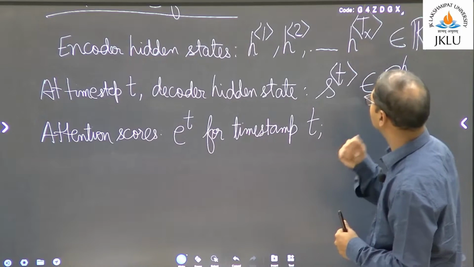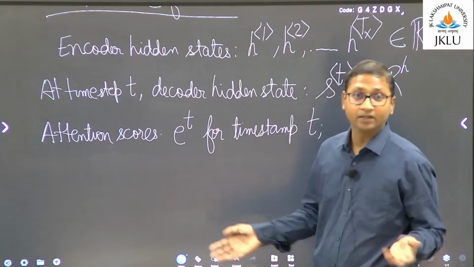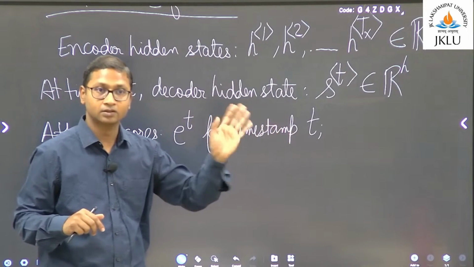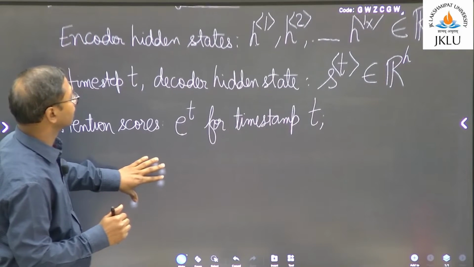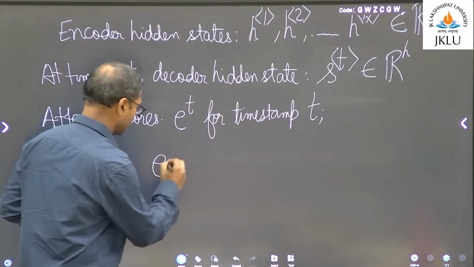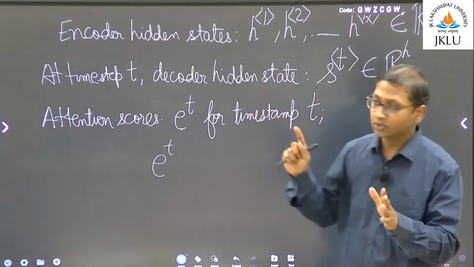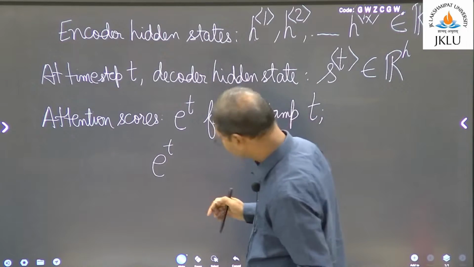It seems I'll run out of this board too, but okay. What is ET? We are just writing what we have done in the last 1.5 lectures. So what is ET first of all? Attention scores. What were attention scores? Dot product. Okay, so we just take the dot product.